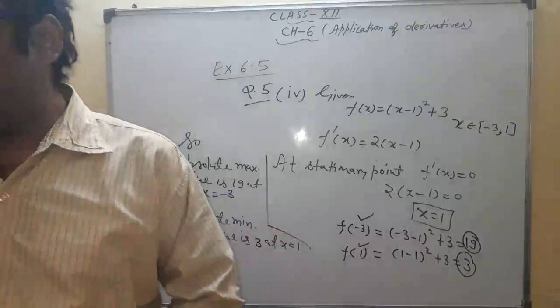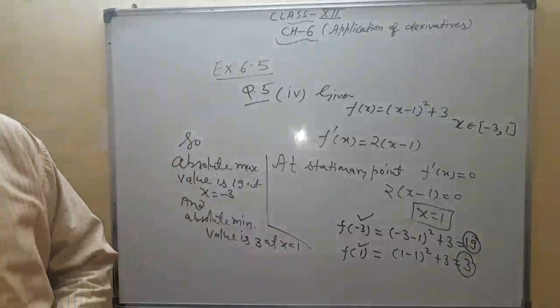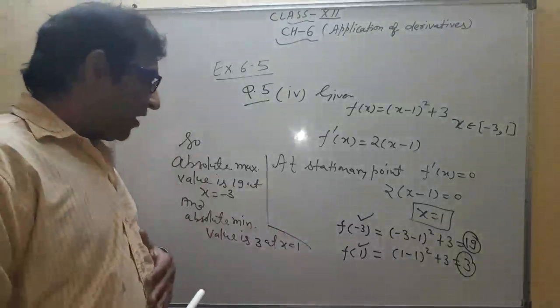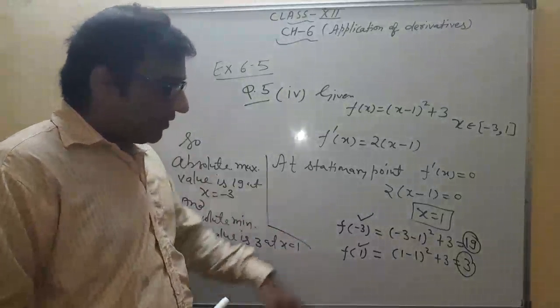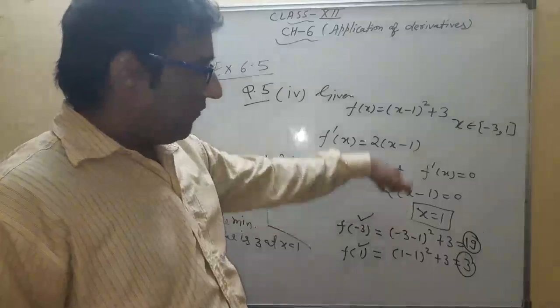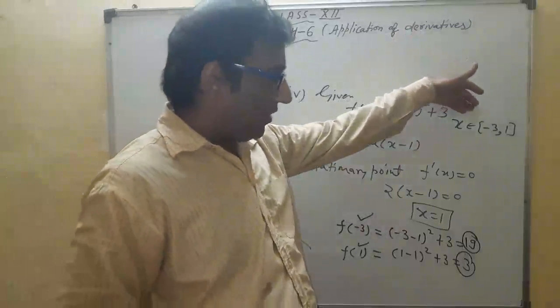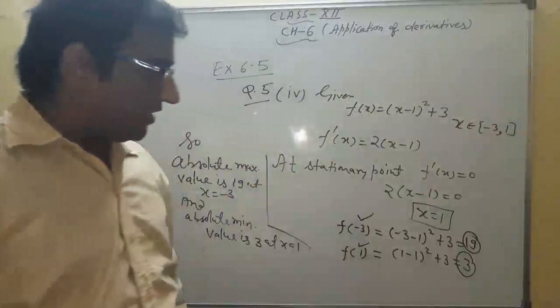So this is the way of solving the question related with absolute maximum value and absolute minimum value. Here we are getting x equals 1, which lies in this interval, so that we will easily calculate it.